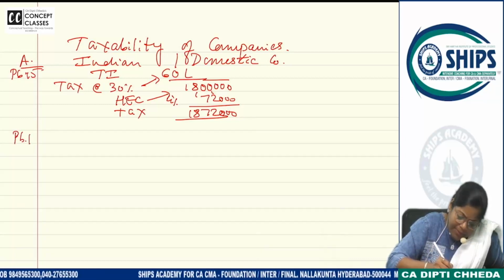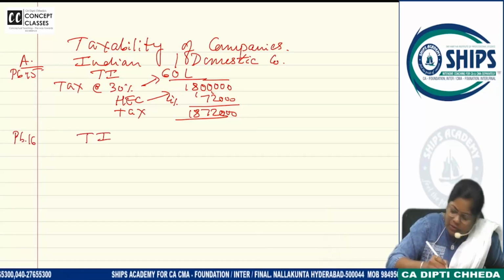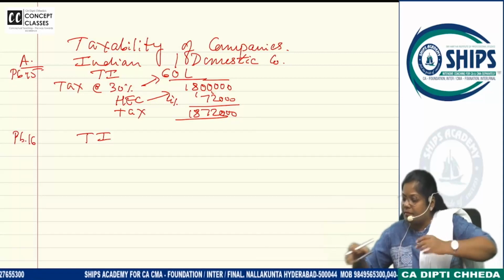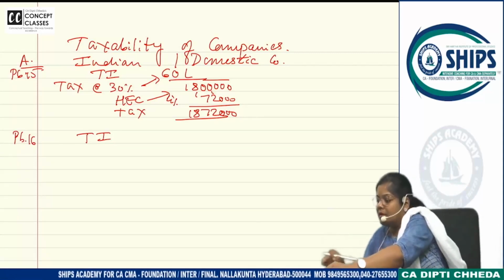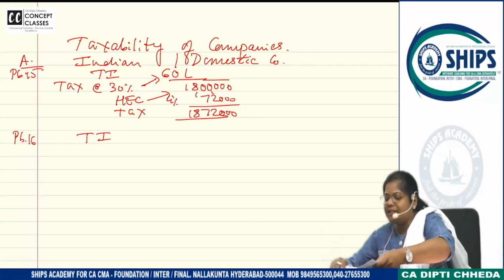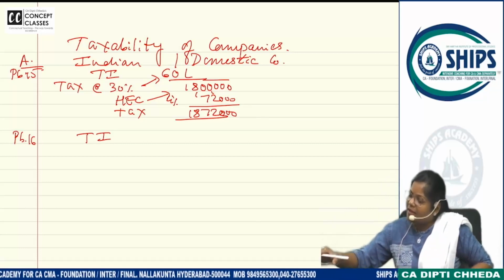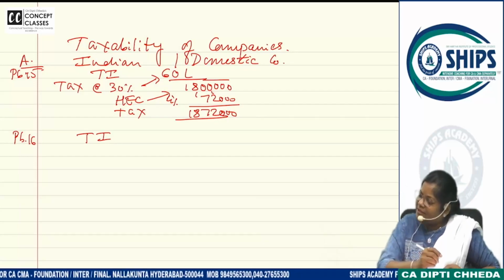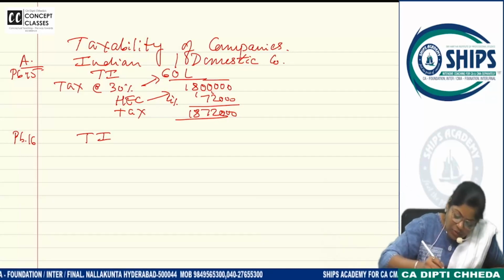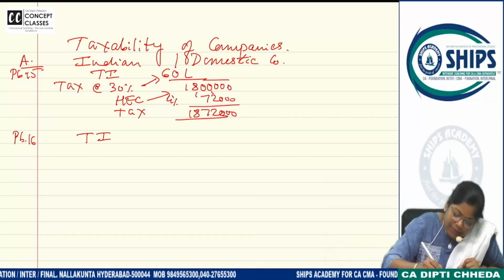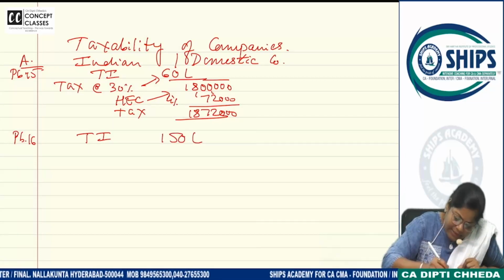Now problem number 16th. What is the total income? 1 crore 50 lakhs and it is Corbett Limited. Jim, Corbett, Kanha, these are all wildlife sanctuaries in India. चलो, तो total income कितना ले हम? 150 lakhs.